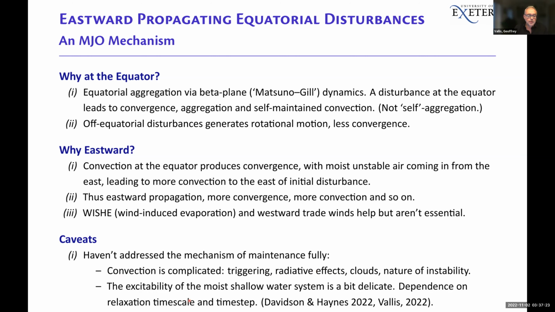It turns out that it's even complicated in the moist shallow water system, that the excitability is a little bit delicate. It depends slightly on how you configure the relaxation timescale, the time step, and the way that the condensation actually occurs. And there's a little exchange in the literature between myself and Davidson and Haynes, which you can read about in the Quarterly Journal.